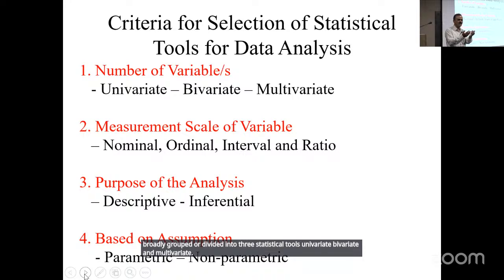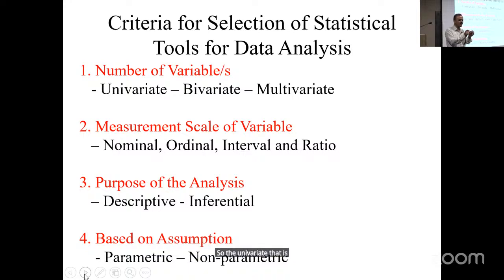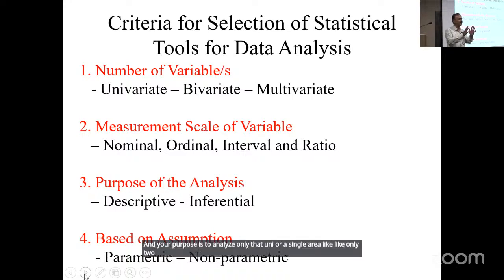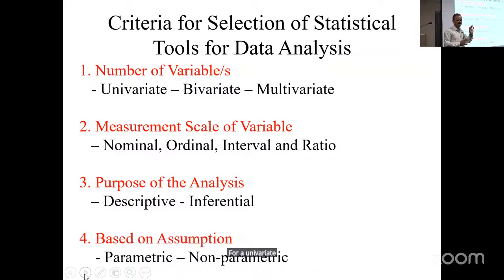Univariate means you have only a single variable, and your purpose is to analyze only that single variable, like only to summarize or describe that particular variable. We cannot do any further analysis beyond that description or summary for a univariate analysis of a single variable.